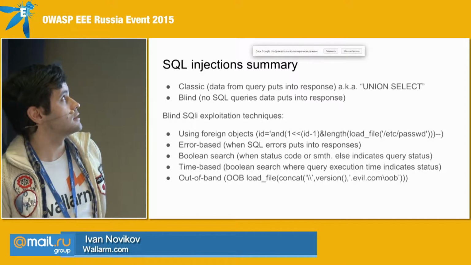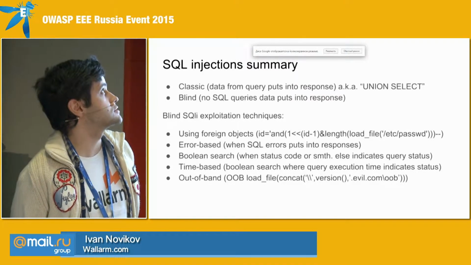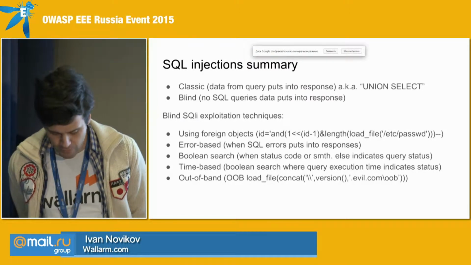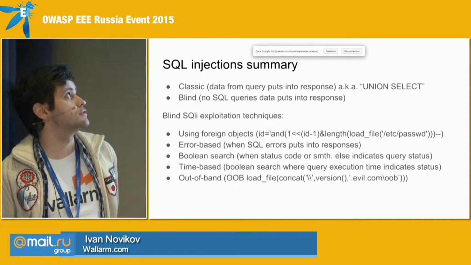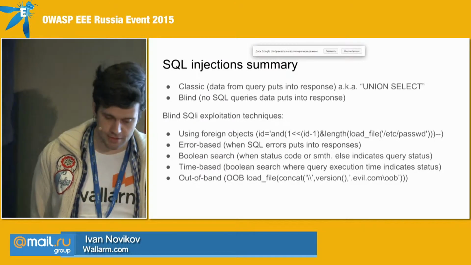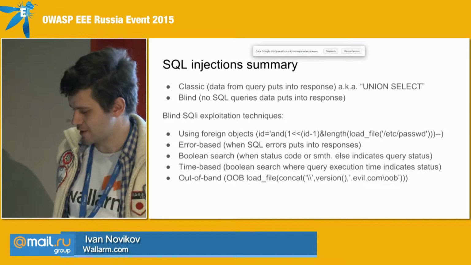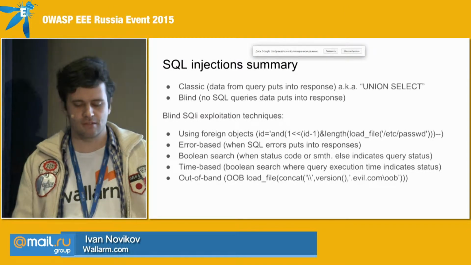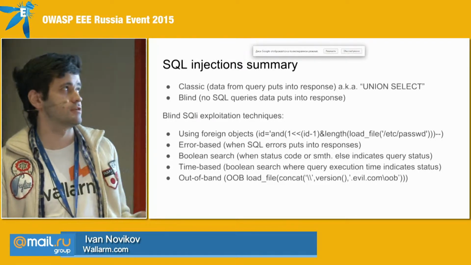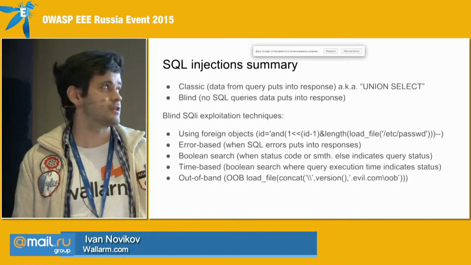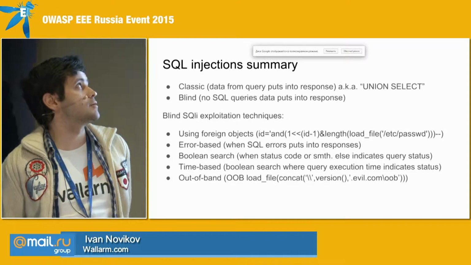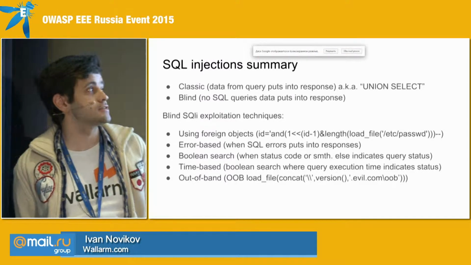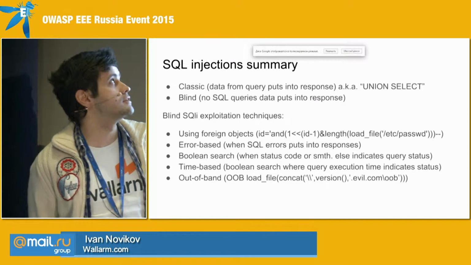So a few words about SQL injections. Currently, there are 2 different types of injections. Classic injection, also known as union select, where you can put interesting data from the database into server responses. It's really easy to exploit. It's really nice, but sometimes application logic doesn't provide that, and this case is called blind.